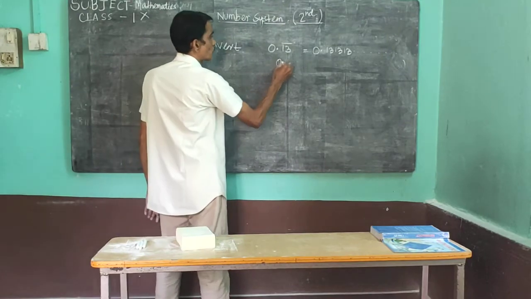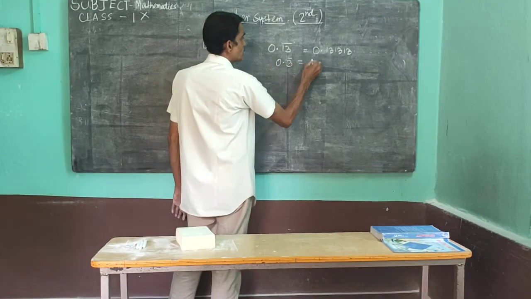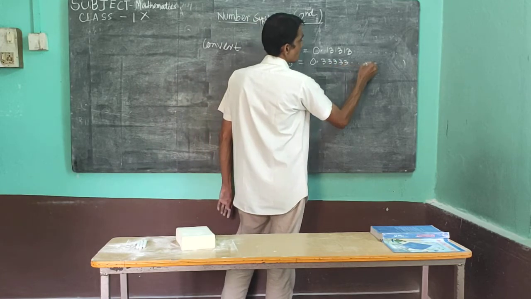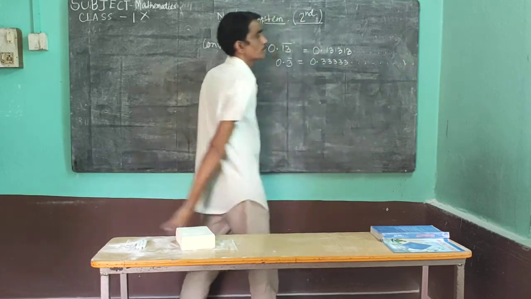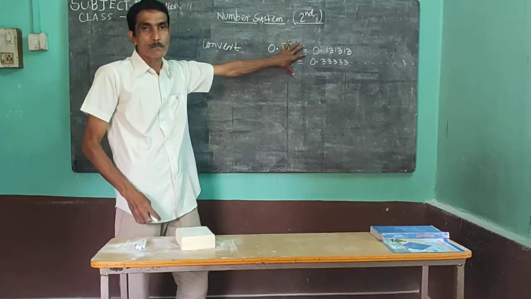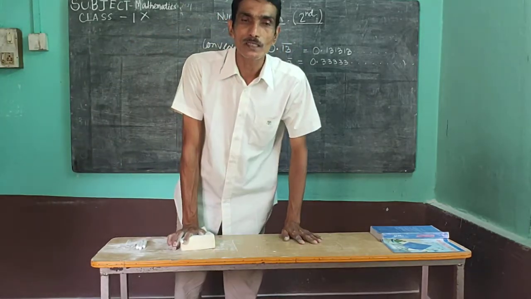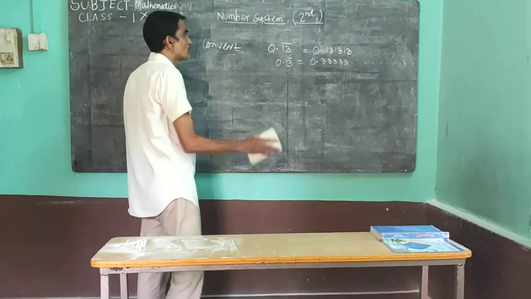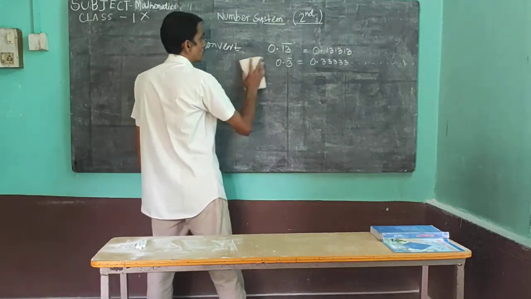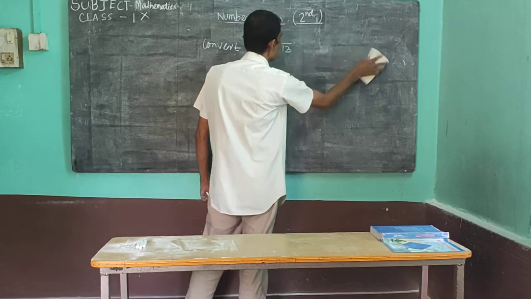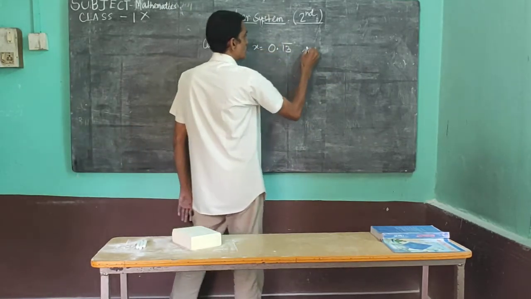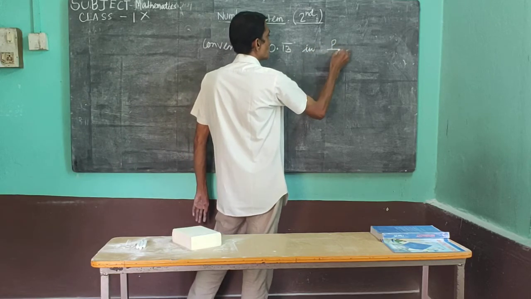Another example, 0.3 bar. That means 3 is repeated up to infinity. How can we convert this type of number into fractional or rational form? I am giving one example: convert 0.13 bar into p by q form.